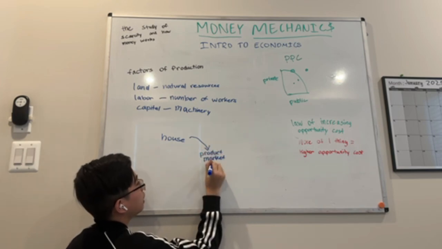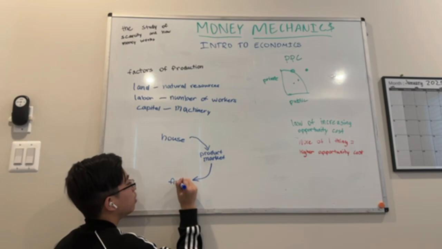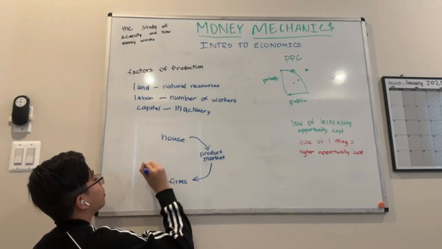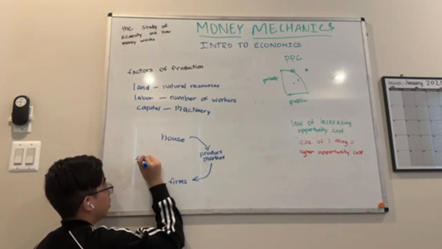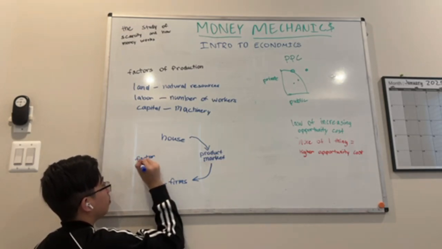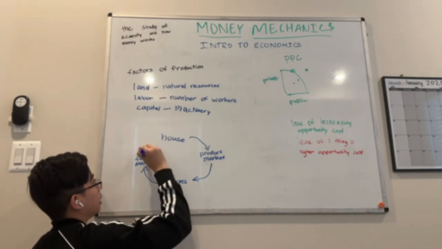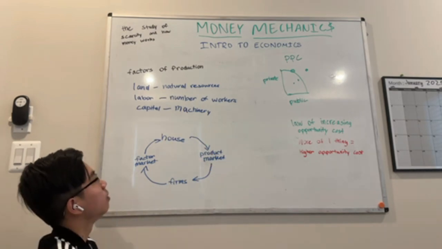And the product market gives their money to the firms or businesses. And businesses give their money to the factor market. And the factor market gives money to the household, the people, in the form of wages.